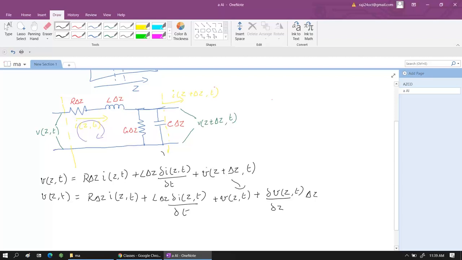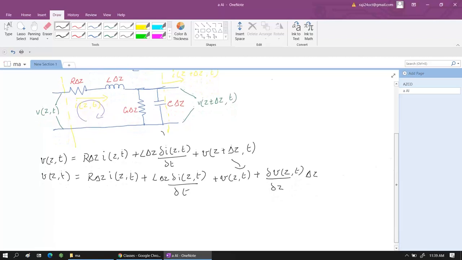That means the voltage at this particular point is nothing but the voltage starting from here, plus the change in the voltage when it traveled a distance of Δz. So the actual original voltage is V(z,t) plus the change in voltage with respect to distance z into that distance traveled. So this is what you can write this equation as. Fine. Next, let's continue.